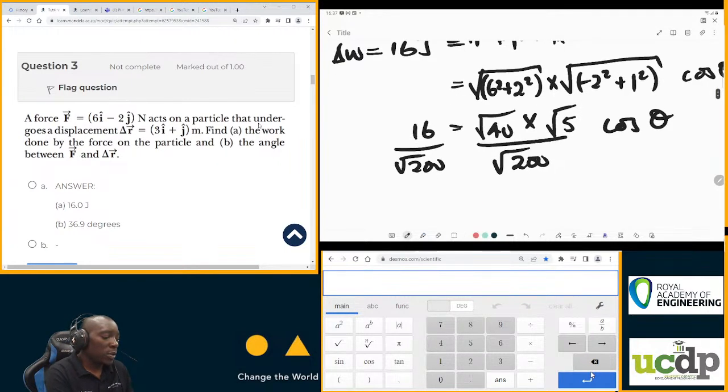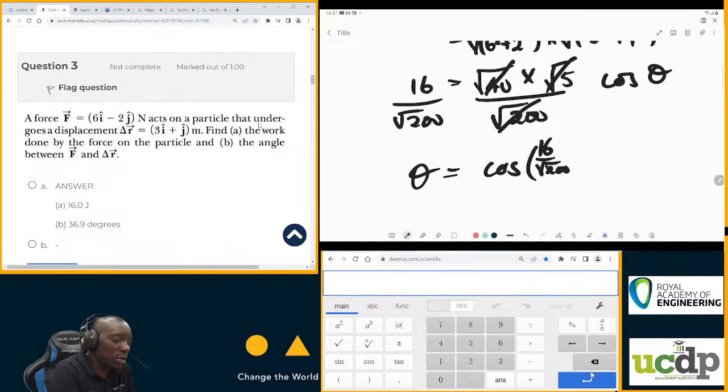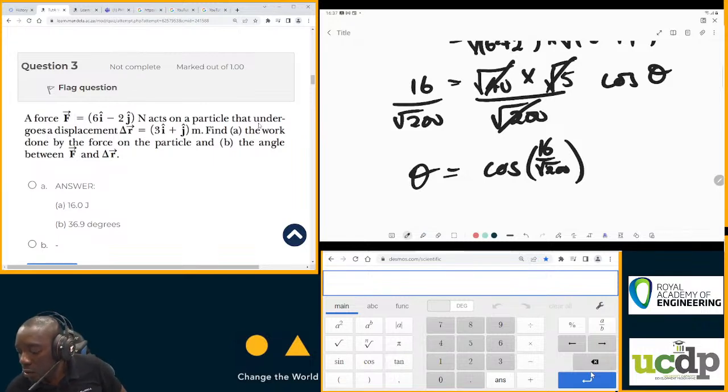Okay, so we then cancel here, and it means cos theta is 16 over root 200. So theta is arc cos of 16 over root 200.